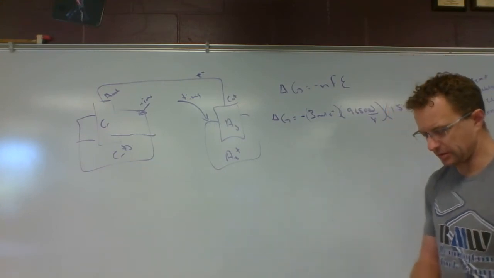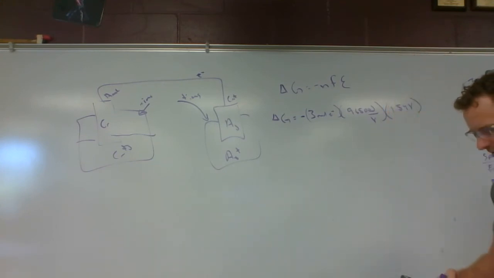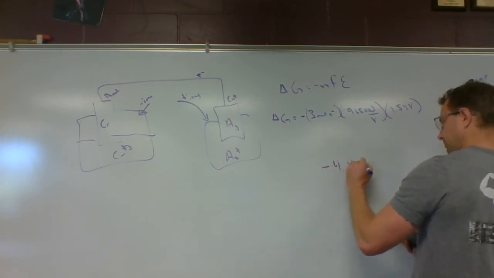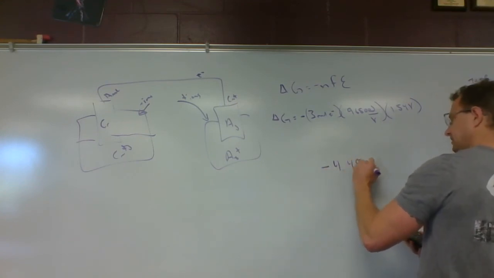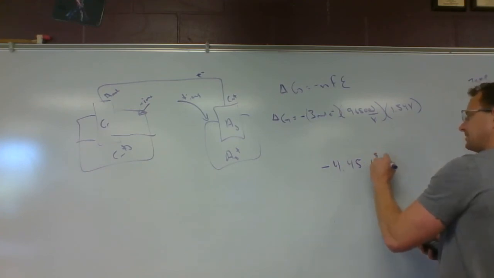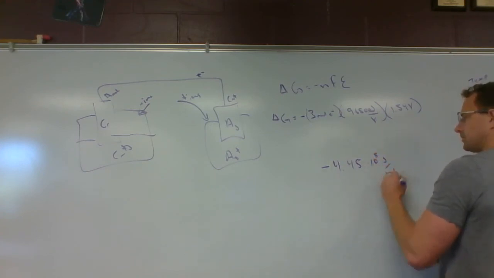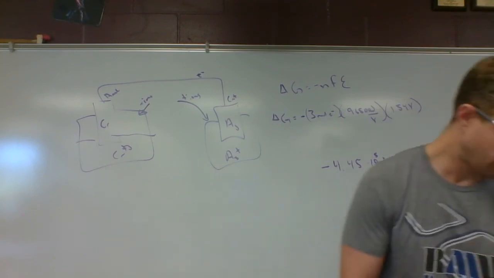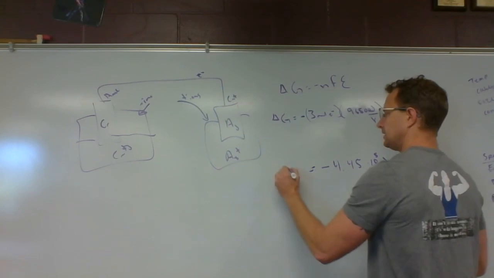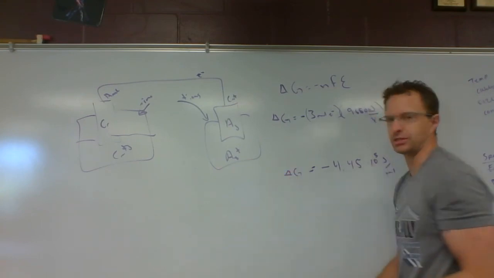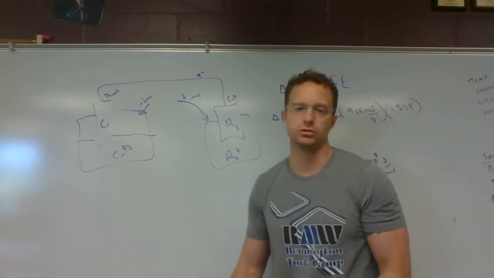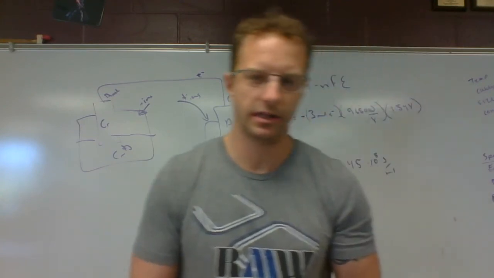We multiply those together, and that gives us negative 4.45 times 10 to the 5th joules per mole. They say joules per mole there, so I'm not going to change it, even though the standard for delta G is kilojoules per mole. I'm sure they wouldn't count off if you changed it, but since they asked for joules, we should leave it in joules.